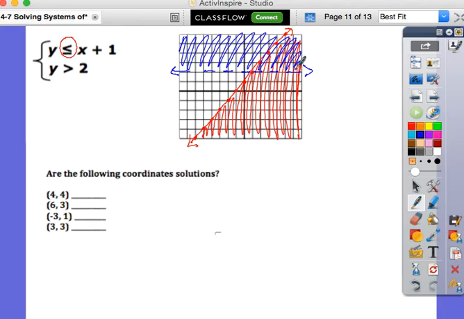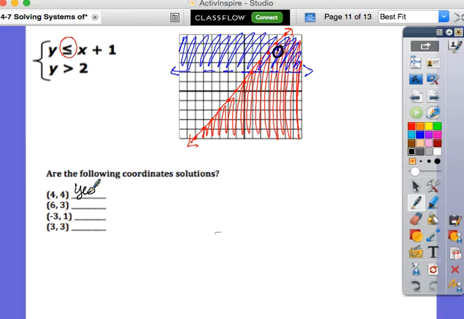Good, you are. Okay. So 4, 4. Go to 4, 4. 1, 2, 3, 4, and up 1, 2, 3, 4. Is that in the double shaded area? Yes. Right there? Yes, that right there is. So that would be a solution.